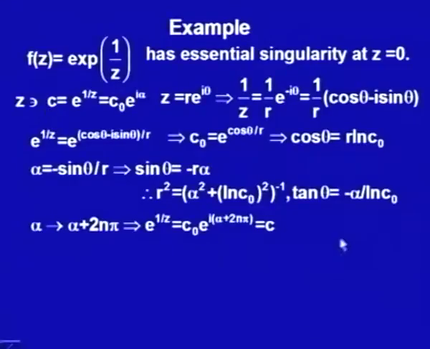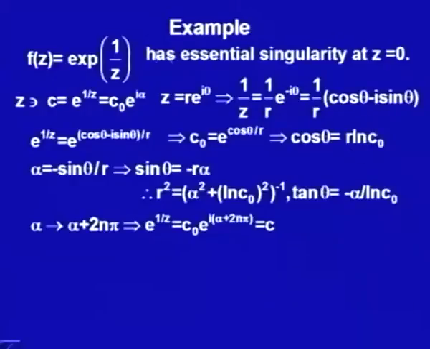Then what is happening? If I take this r, what will happen? If I make α to α + 2nπ, that means my r is changing. I would get this in the denominator, and α is increasing. If the denominator is increasing, then certainly my r would go to 0.